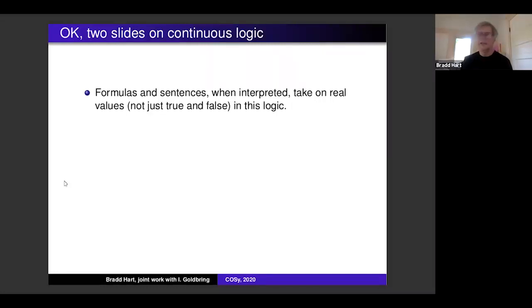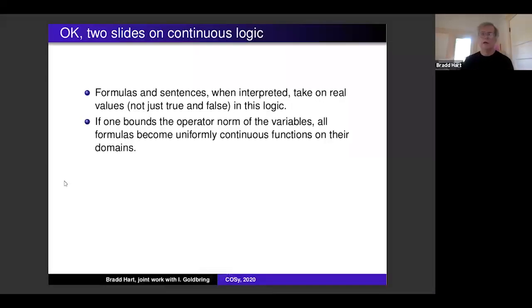In particular, sentences, that's something without any free variables, where I'm saying something about the object at hand, the tracial von Neumann algebra at hand, and every sentence will be assigned a number in a tracial von Neumann algebra.